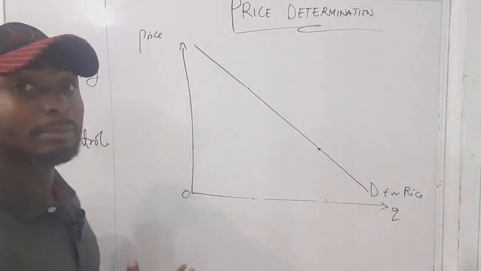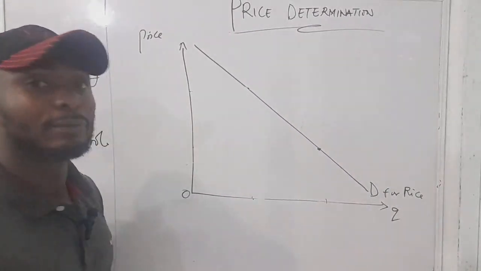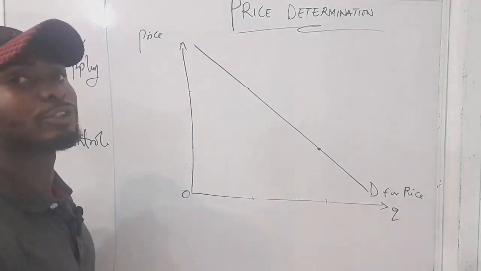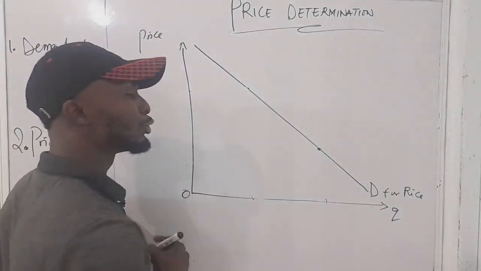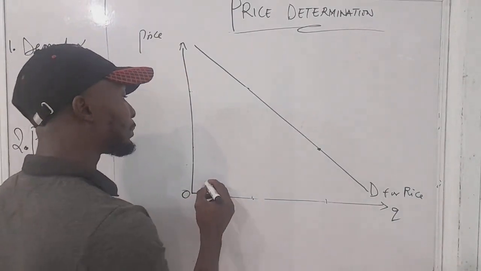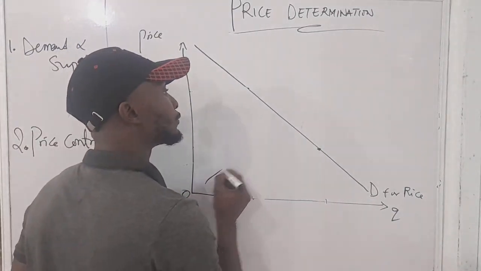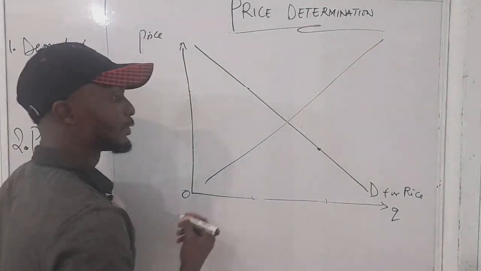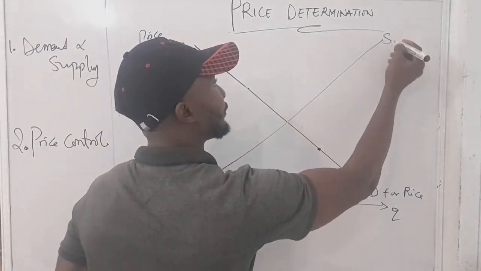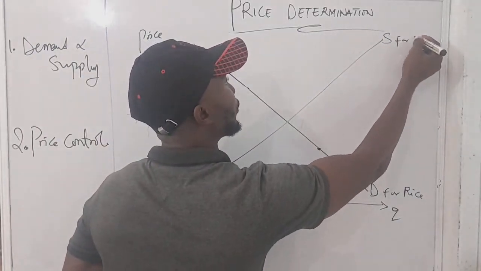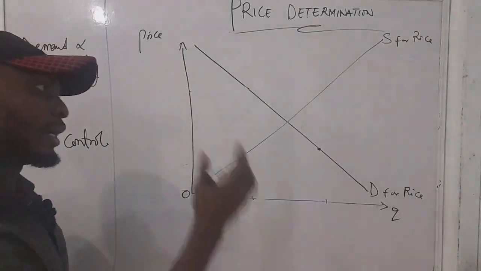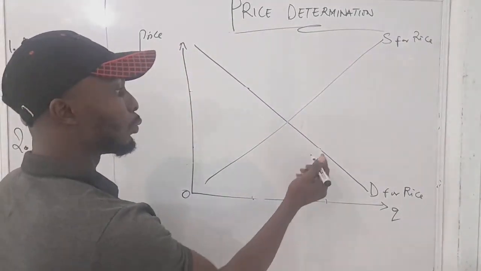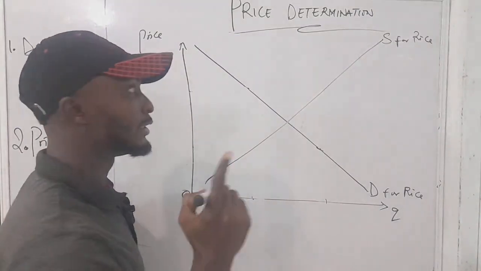You can't have a price in the market except you have demand for a product and also the supply for a product in the same market. So we have to draw also the supply curve. Now, the supply curve slopes upward from left to right. So here we have the supply also for rice. So now we have the demand curve and the supply curve in one particular diagram.